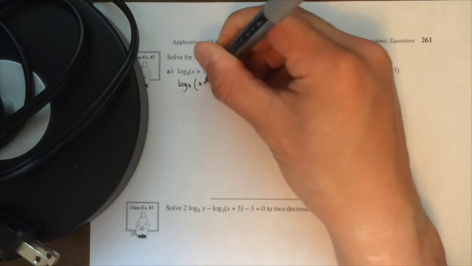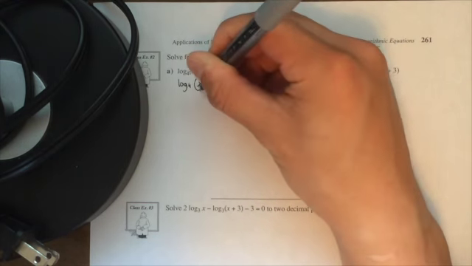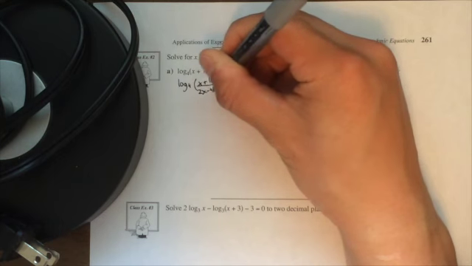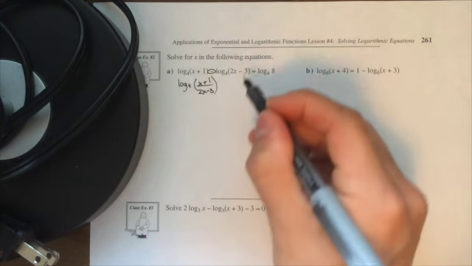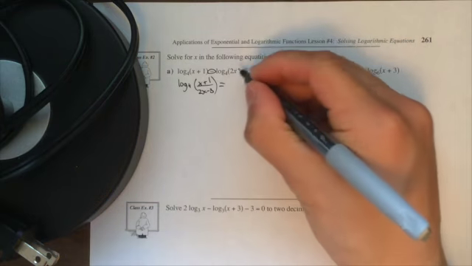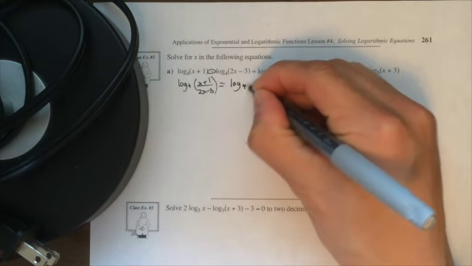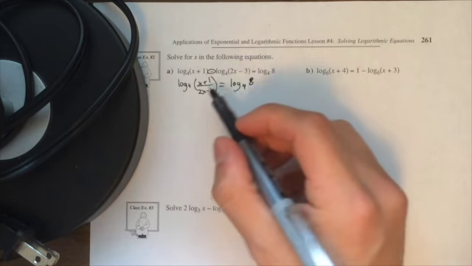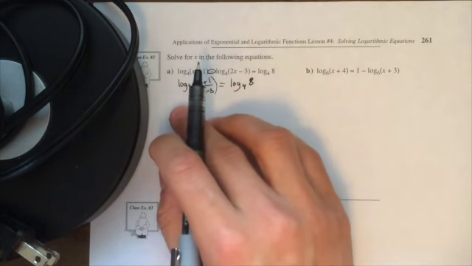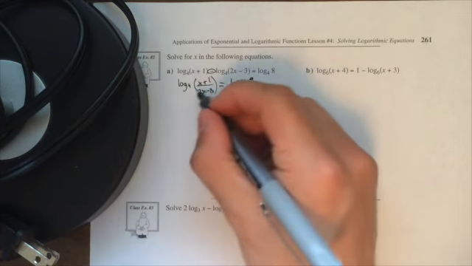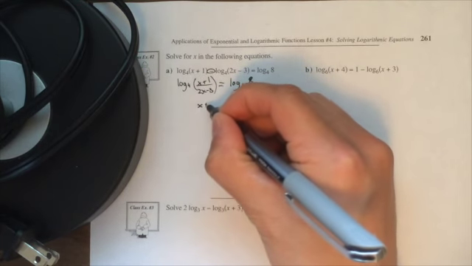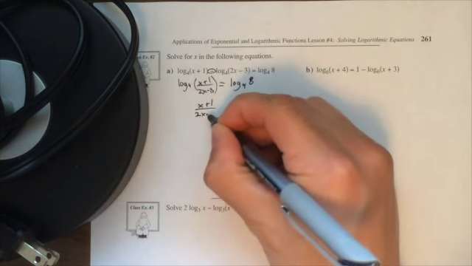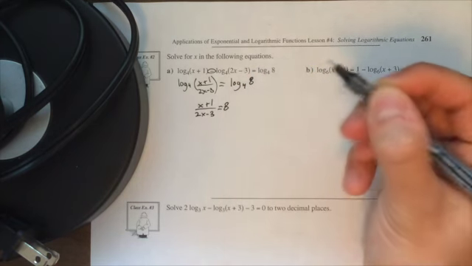So the first thing I'm going to do is use my quotient law, where I have x plus 1 divided by 2x minus 3, and I know to do that because of that subtraction sign that indicates to use the quotient law. Now, since it's simplified, I can get rid of my log 4s. And so I'm going to be left with x plus 1 over 2x minus 3 is equal to 8.